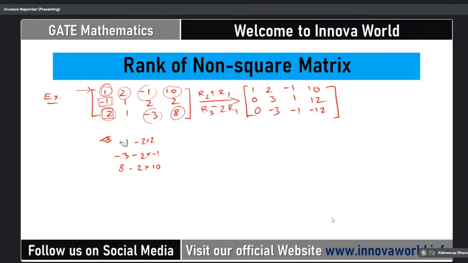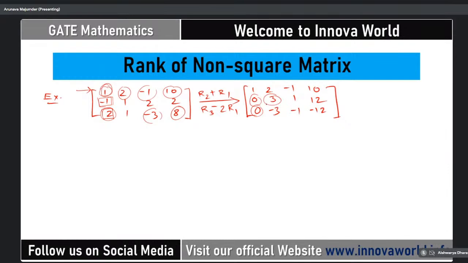Now what about the third matrix? Let me find out here. So what will be the third operation? Now you can see these two elements are 0 now. Now this element we need to make 1.